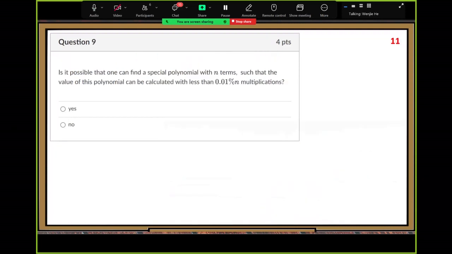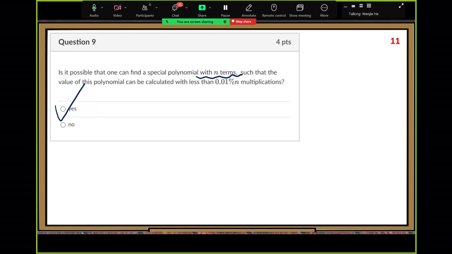All right. Number 9. Is it possible that one can find a special polynomial? This one I need to explain a little more. First, I'll give you the answer. The answer is yes. Is it possible that one can find a special polynomial with n terms? Not one term. One term we know is easy, right?